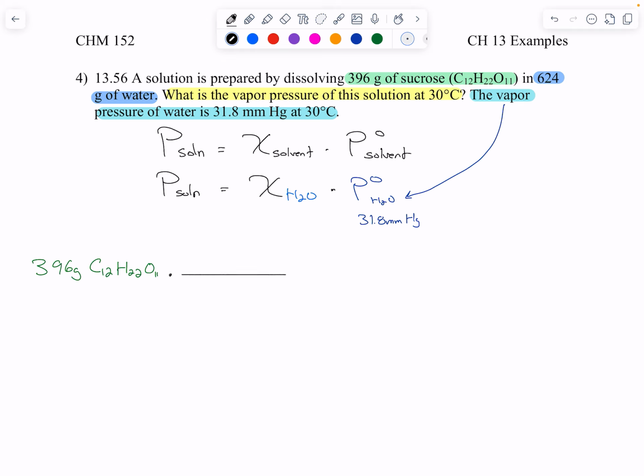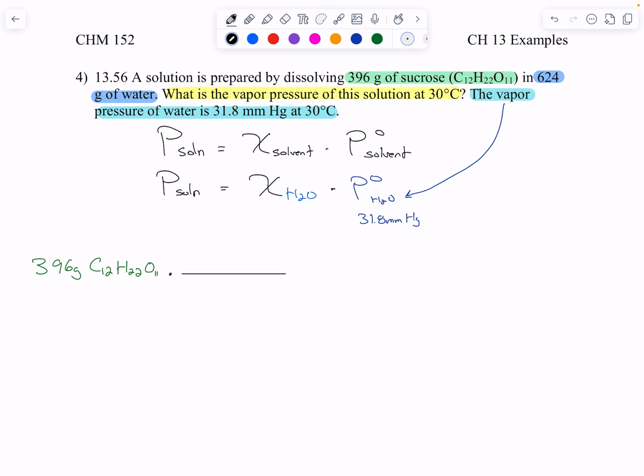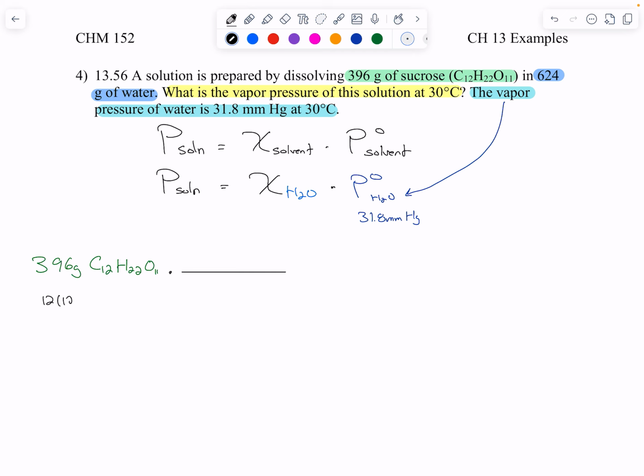If we do the molar mass, carbon is 12.01. So we'd have 12 times 12.01 plus 22 times 1.01 plus 11 times 16. I get 342.34.